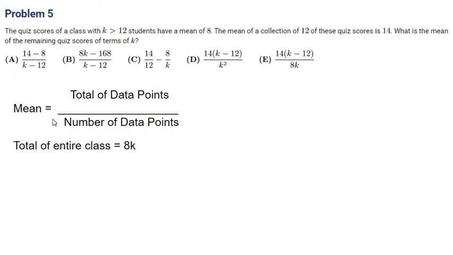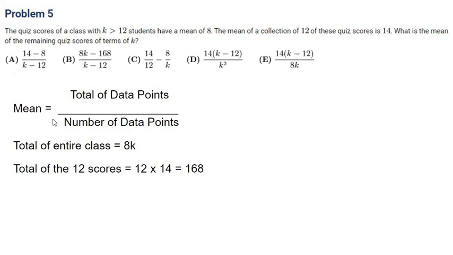Now we want to find the mean of the remaining quiz scores. So that means we have to subtract the total of the data points that we have already considered. The mean of the collection of 12 of the quiz scores is 14. So we need to multiply 12 times 14, which will give us 168.